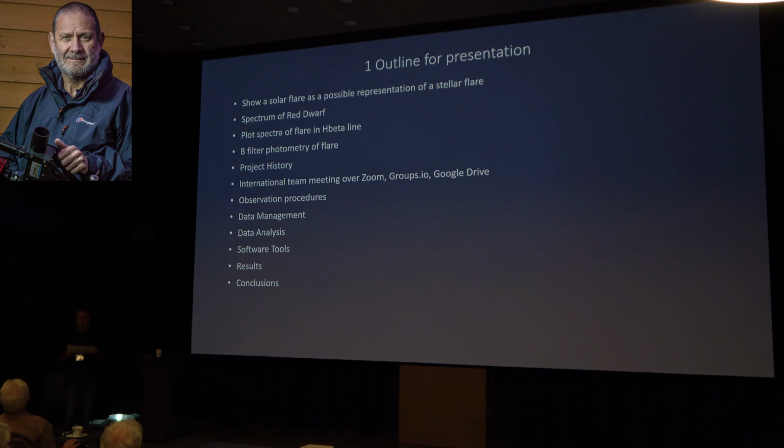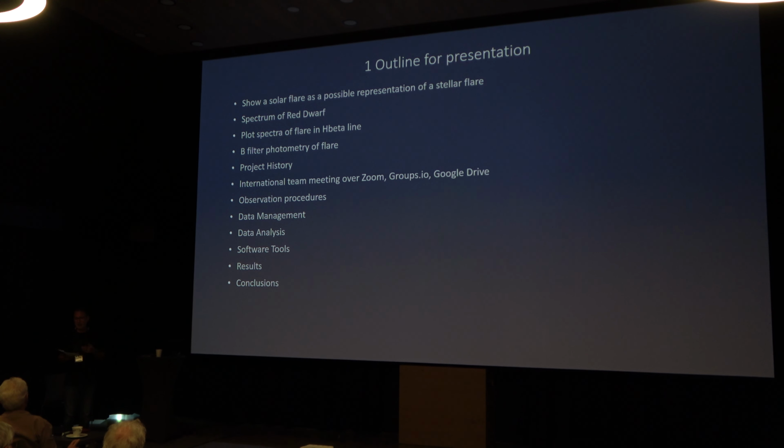I'm going to talk about the genesis and the organisation of the project, the data management and data analysis tools that we've built. This project is in its infancy. It's only been going a couple of years. This was an idea that Bob Buchheim had about looking at red dwarf flare stars and what science we as amateurs can get out of it.